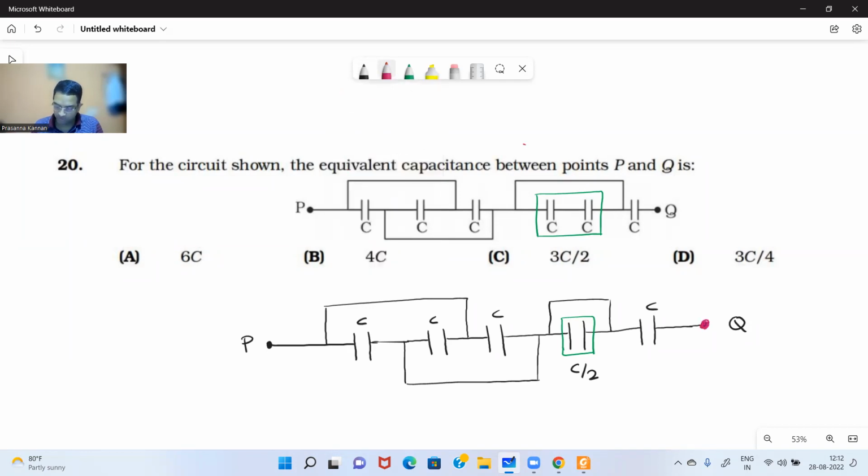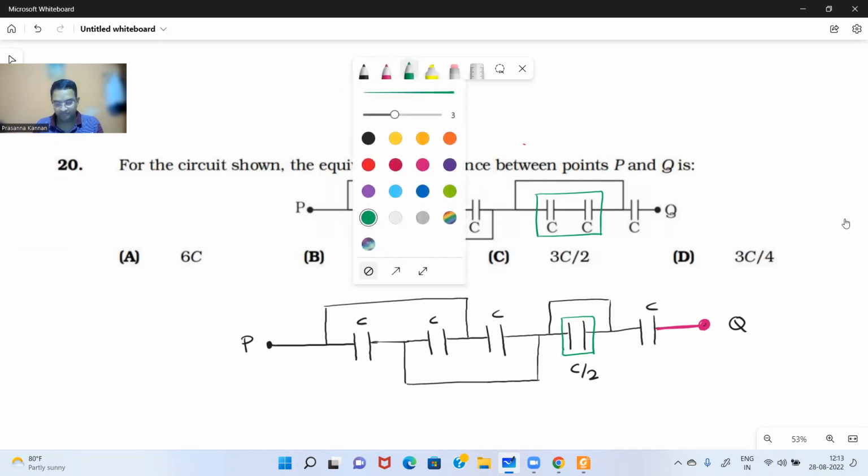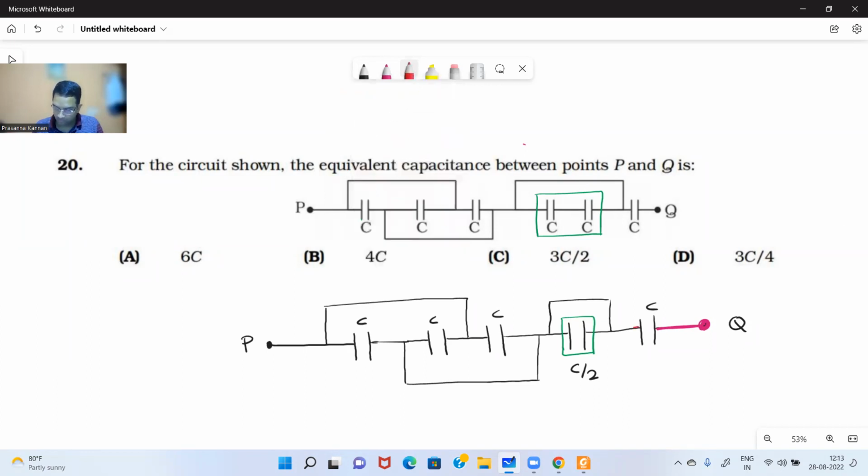Now let's see how many points of different potentials there are. Let's start from Q. From Q, I have a capacitor. Then the other end will be a different point, right? What will be this point, the one I have drawn with red color?